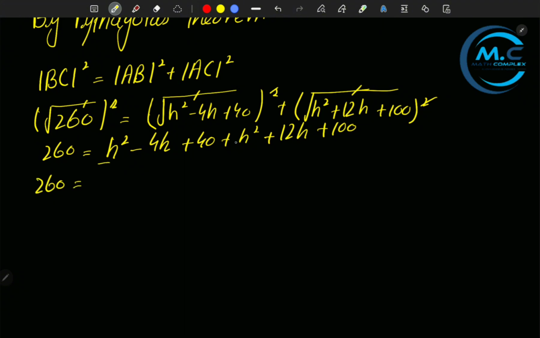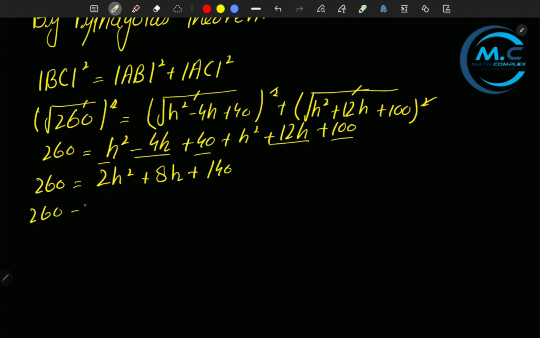h square and h square will be equal to 2h square, and minus 4h and 12h will be equal to plus 8h, and 40 and 100 will be equal to 140.